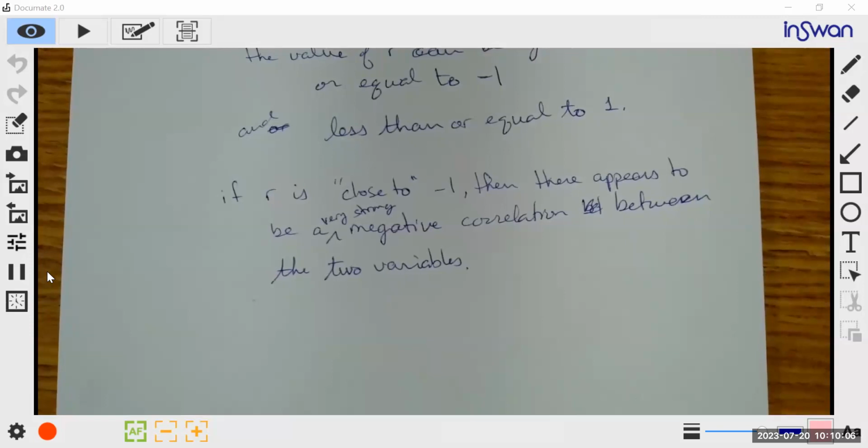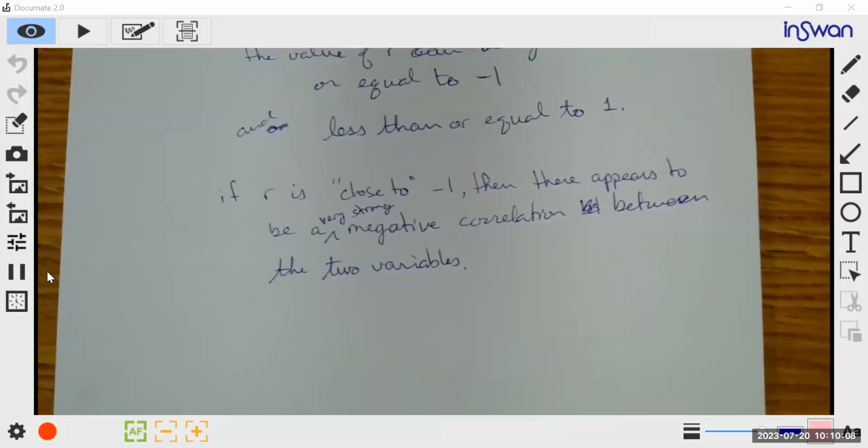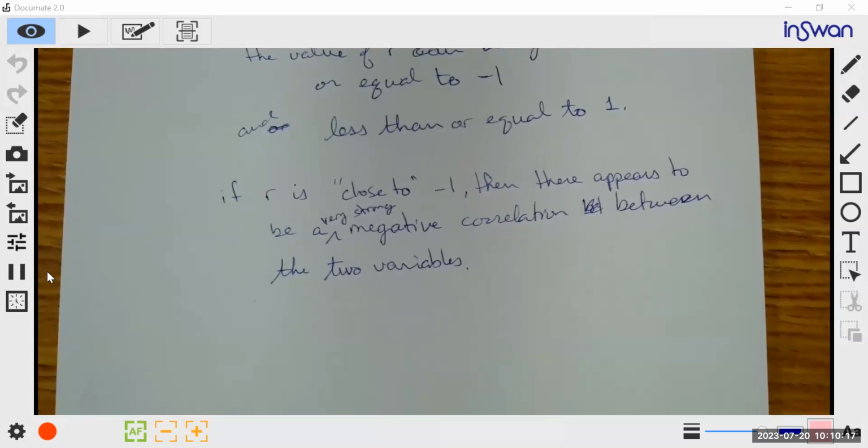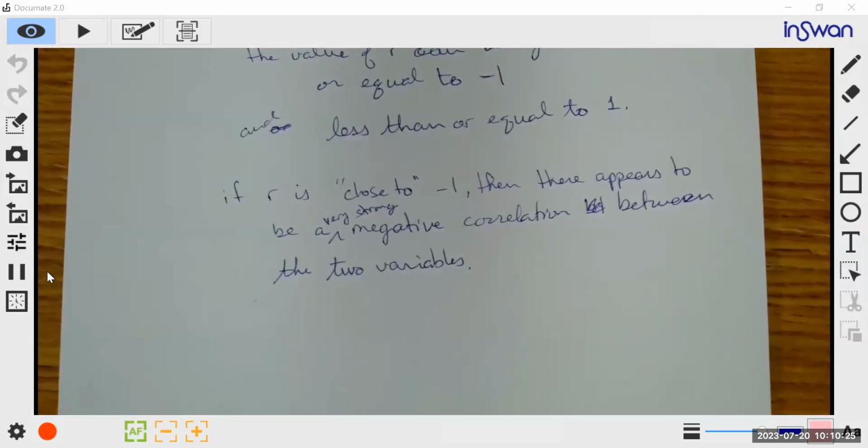Okay, I get a value, I calculate R. What does it mean? Is it strong? Is it weak? So that's what we have to look at also. And we're going to be using something in this chapter that we won't get to until the very end of the course, the z-scores.